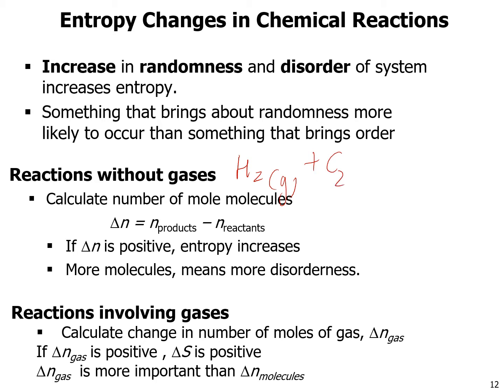React with C2H4, which is also a gas, to produce C2H6, okay? This is also a gas. So if I ask you in this case, can you predict or can you tell me, is the entropy of the system increasing or decreasing? How would you tell me that?